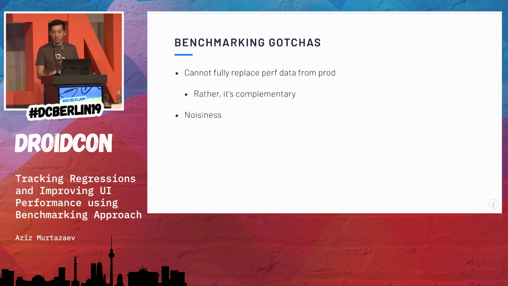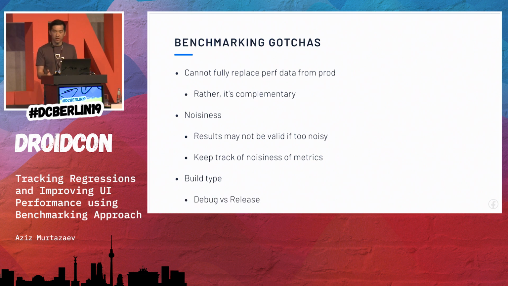So it's important to keep track of the noisiness of metrics, and if it's very noisy, try to figure out what's actually causing it. And the release version of the app should be used, because in the release version you might do some optimizations like ProGuard or other steps that make it very different from the debug build.